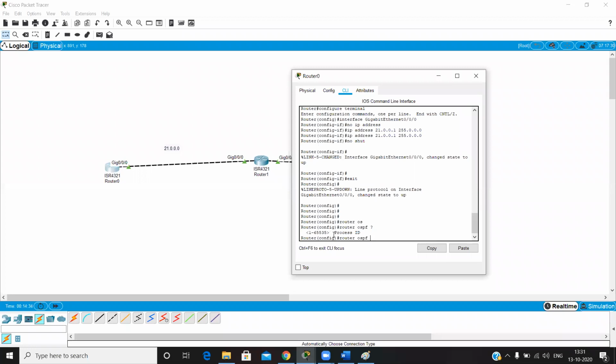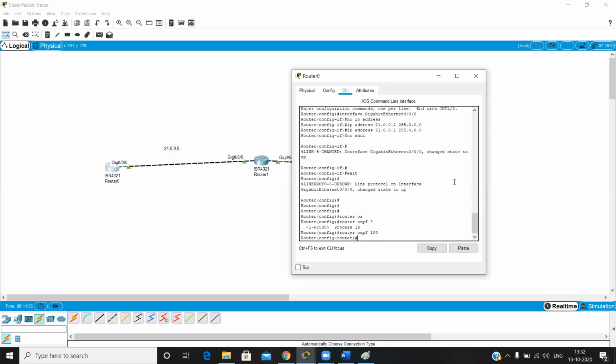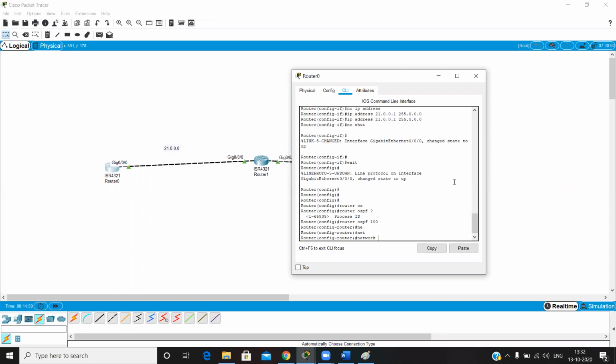And here we have to give the process ID. Process ID is between 1 and 65535. So if I give here 100, then enter. Now we have to give the network.